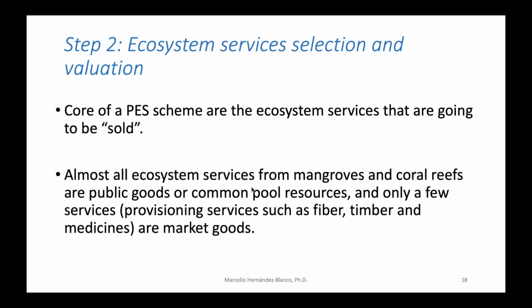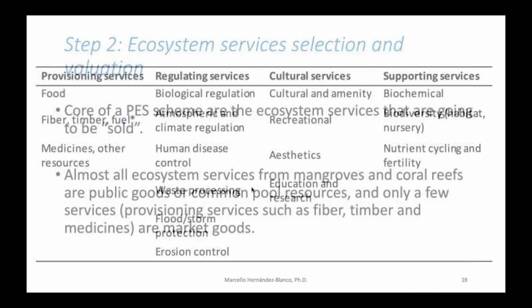You cannot take timber from a mangrove or carry out other extractive activities. So you can say that all the ecosystem services from these ecosystems are public goods or common pool resources.